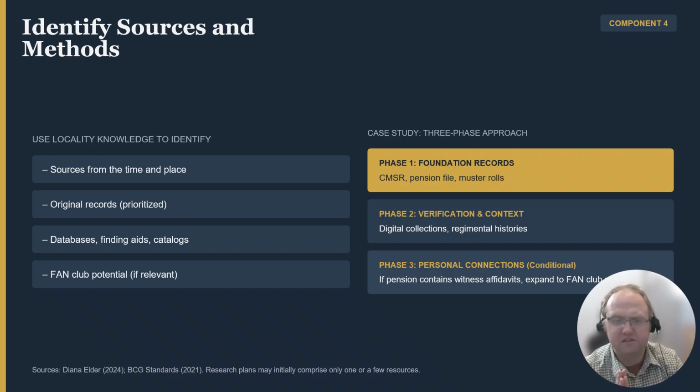I wasn't going to search every possible Civil War record out there. I identified the sources that were most likely to answer my specific questions, prioritizing based on likelihood of success and how likely they were to contain the information I was looking for.